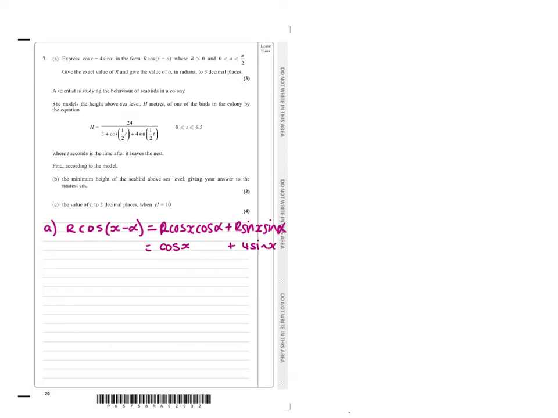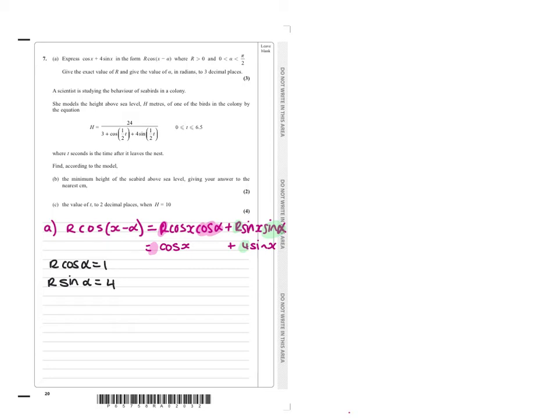So what we're saying then is 1 cos x is r cos alpha, and 4 sin x is r sin alpha, obviously times sin x. So now what we have is r cos alpha equals 1, and r sin alpha equals 4.